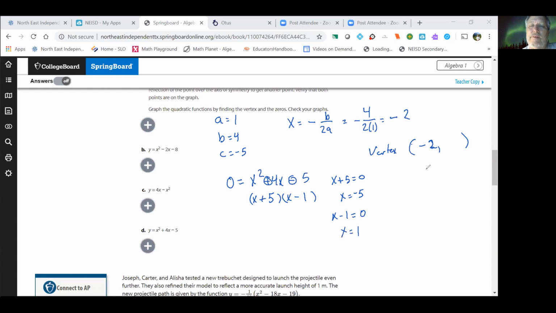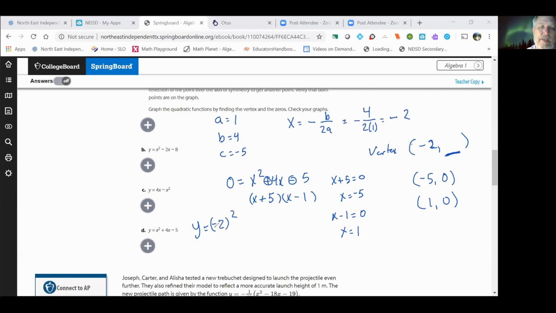So that gives us our points, -5, 0 and 1, 0. Now, as I look up here, I'm like, oh my goodness, I didn't do that. Well, that's okay, I can do that now. So what I'm going to do is solve for y, plugging in the x value of the vertex. So it's going to be y is equal to -2 squared.